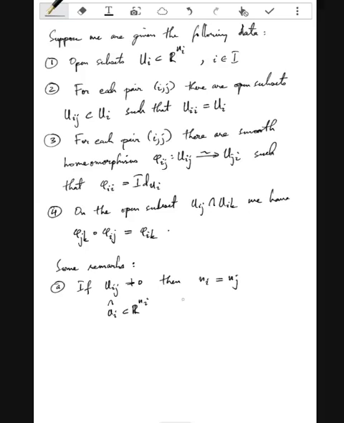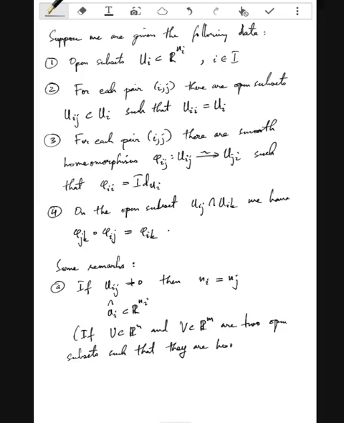This is a standard result, which says that if U contained in R^n and V contained in R^m are two open subsets such that they are homeomorphic, then m is equal to n. That's one remark.